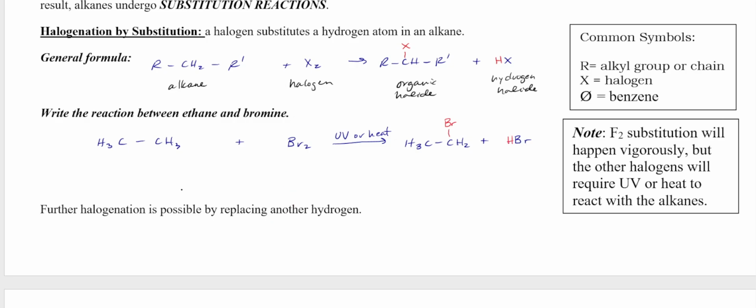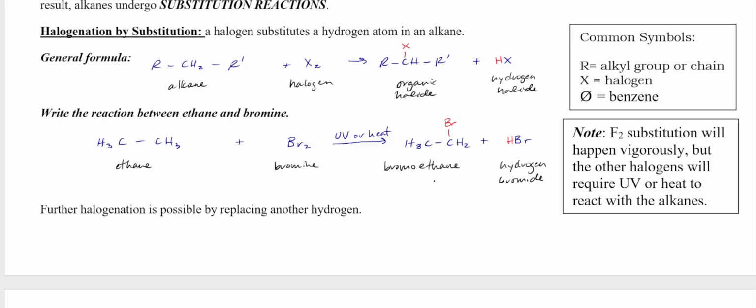And then underneath we write ethane, bromine. This right here, we call this bromo for the bromine, bromoethane, because the parent chain is ethane, but it has a bromine on it. And this is simply hydrogen bromide.